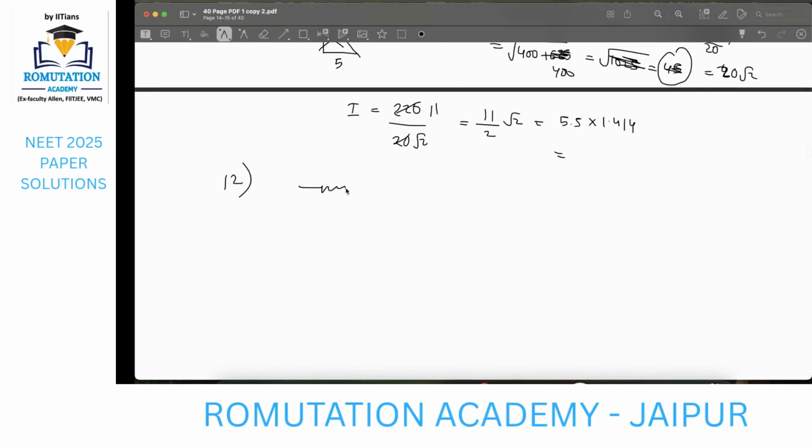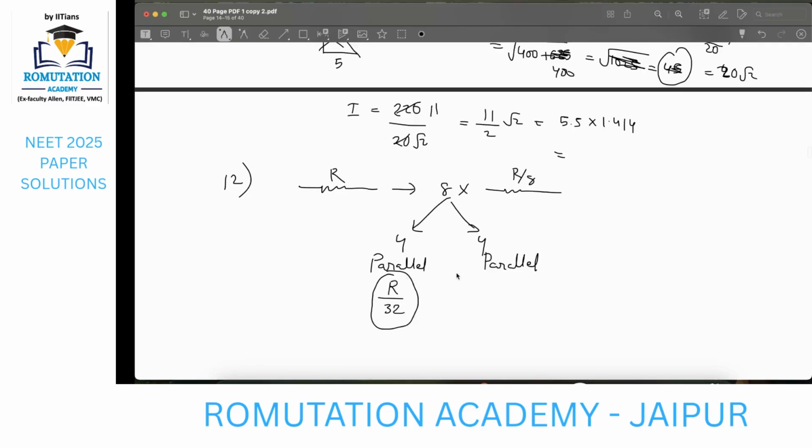Once you cut R into 8 pieces, that will give you 8 resistances of R by 8. From these 8, you take 4 and 4, where all these 4 are connected in parallel, and this set is again taken as parallel. So the effective resistance overall will come out to be R by 32, because in parallel it decreases.